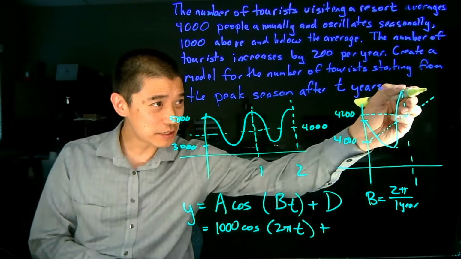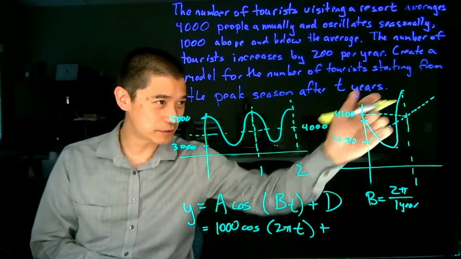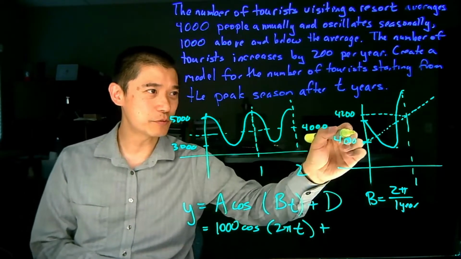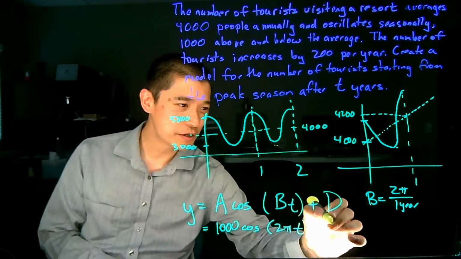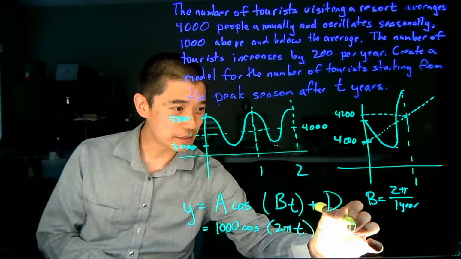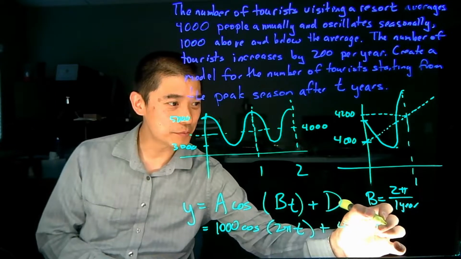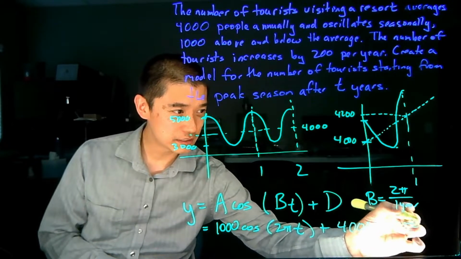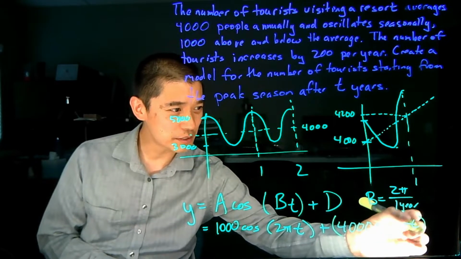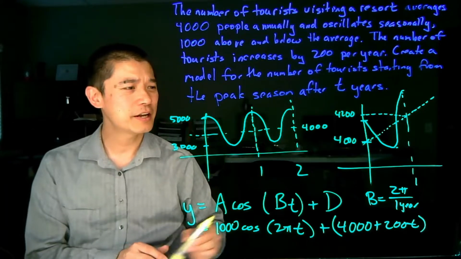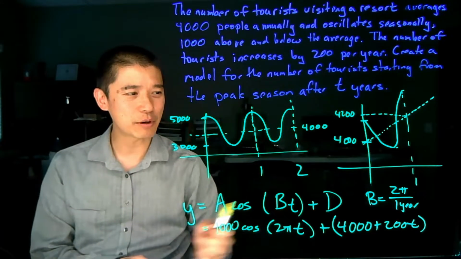Well, you can think of this as slope-intercept form. We have the intercept, we know the slope is 200 per year. So this will be 4,000 plus 200t. I'm going to put parentheses around this, although it's not strictly necessary, and the reason why is to emphasize that this right here represents the midline.